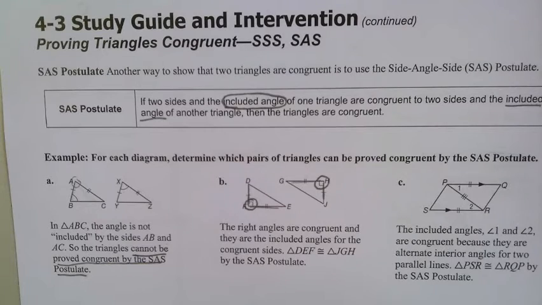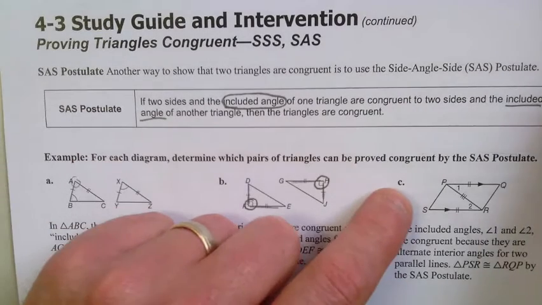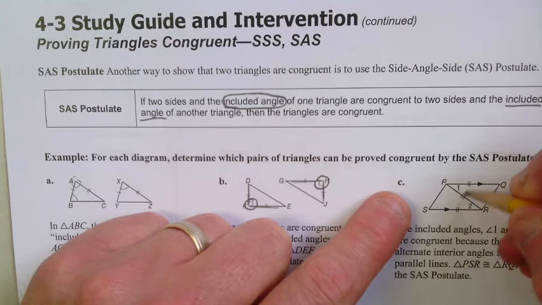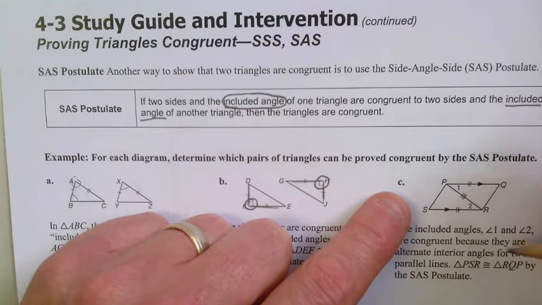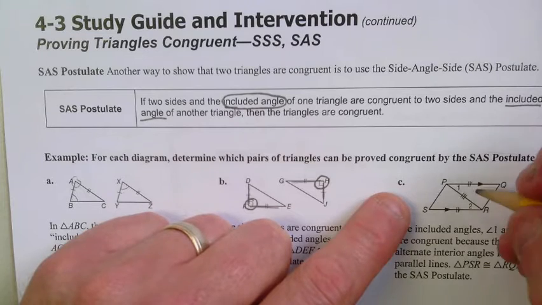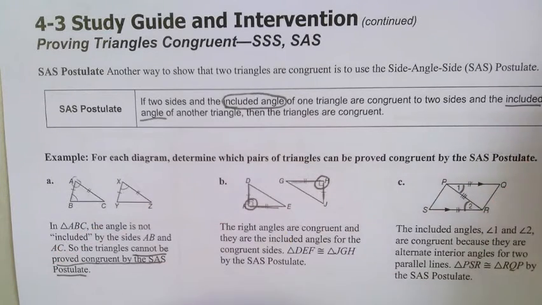So as I look at letter C here, we have these two sides here are congruent to these two sides here from the other triangle. And we also would know that angle 1 would be congruent to angle 2. Why? Well, I hope you're thinking the alternate interior angles theorem.